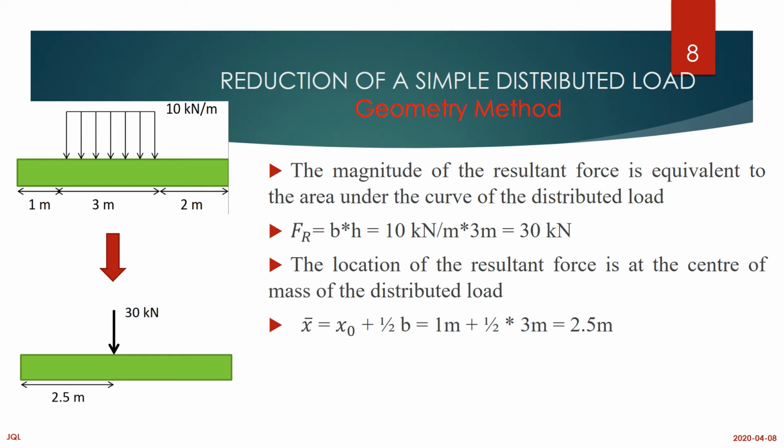So the equation itself is going to show you how to get the location of x from 0: it will be x0, the distance from 0 to where the distributed load is starting, plus half the breadth of that rectangle. In this case, which happens to be 1 meter plus half of 3 meters, we're going to get 2.5. This is where we find the location of that resultant force.